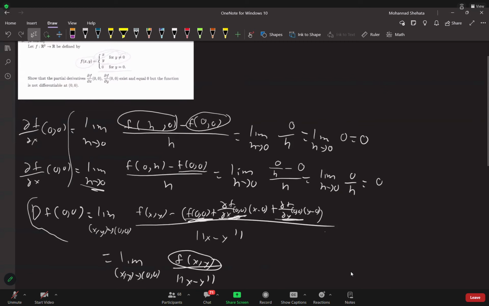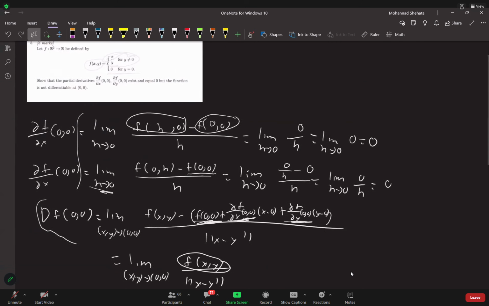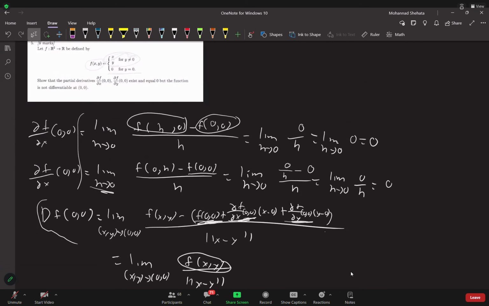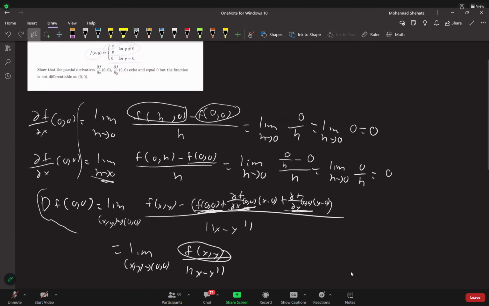When you compute partials, yes, yes. See, that's why we said the definition should work better in these cases.